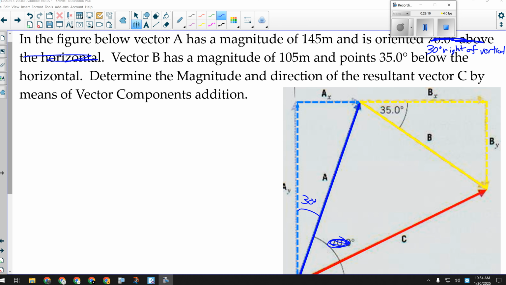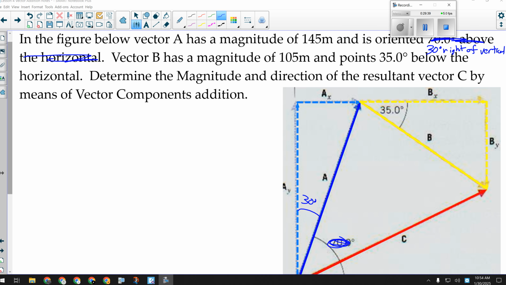Let's have a look at this one. So in this question, the story goes that the object first follows vector A, which is 30 degrees to the right of the positive y-axis. Then it follows vector B, which is 35 degrees below the positive x-axis, right? Because positive is up and right in an xy plot, and left and down are negative. Everybody okay with that? All right.